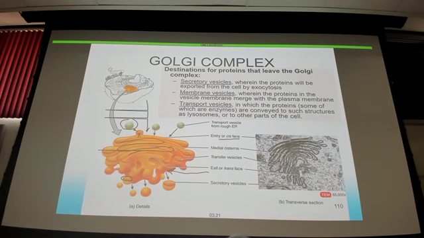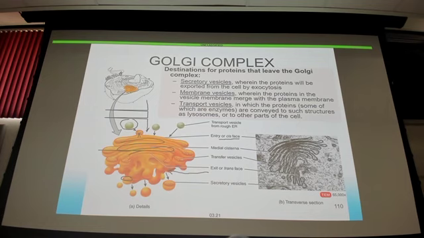The cell makes them, puts them in a vesicle, and let's say it makes an integral protein that's a sodium potassium pump, and it wants to put it into the membrane. It'll move it in that vesicle, it will bud with the membrane, and it will just become part of the membrane. That's how they move out there. That's called a membrane vesicle.